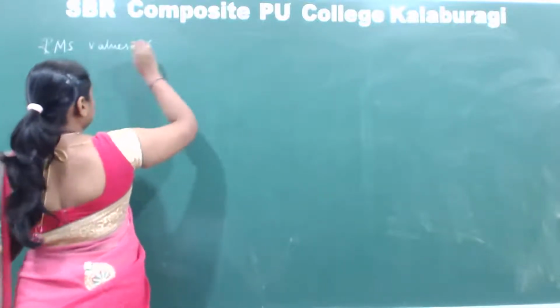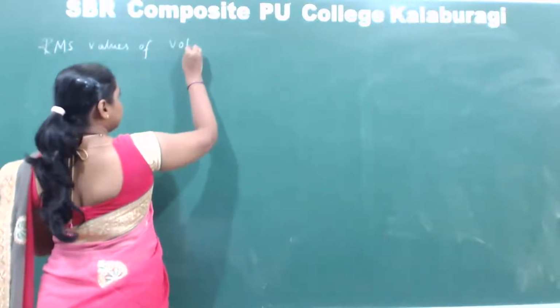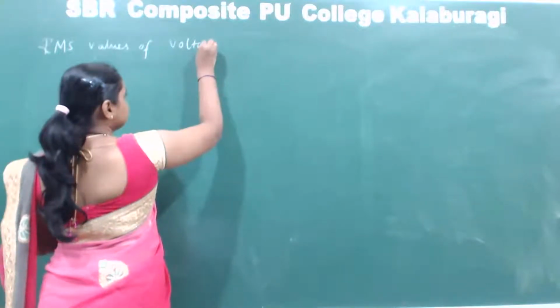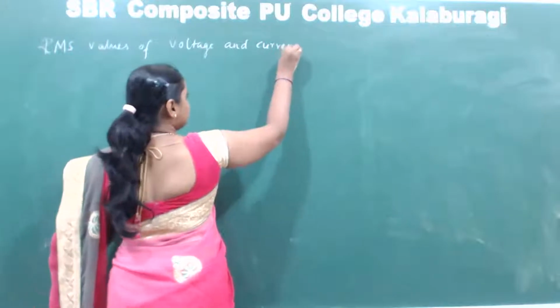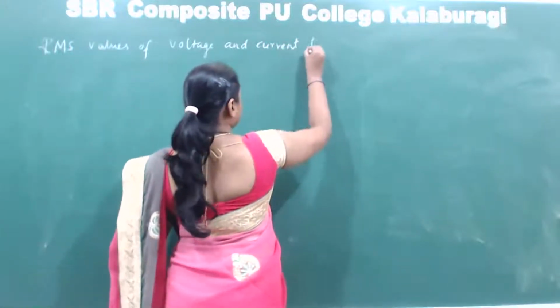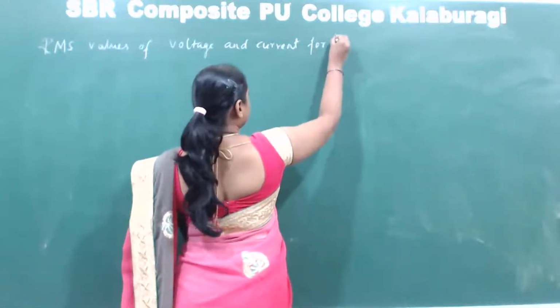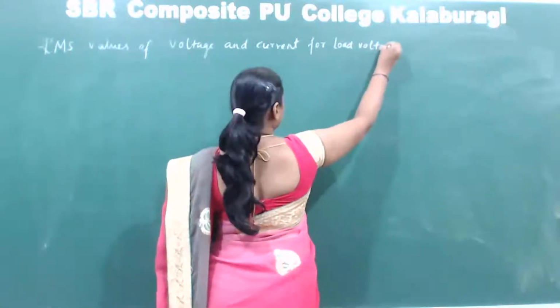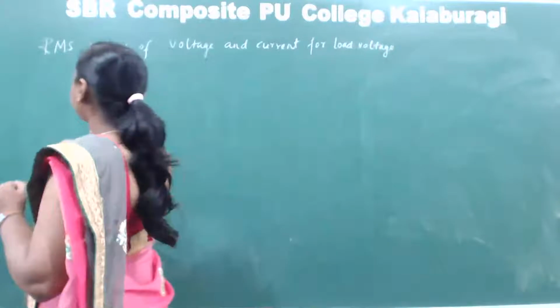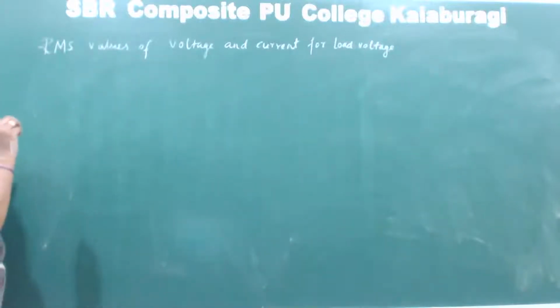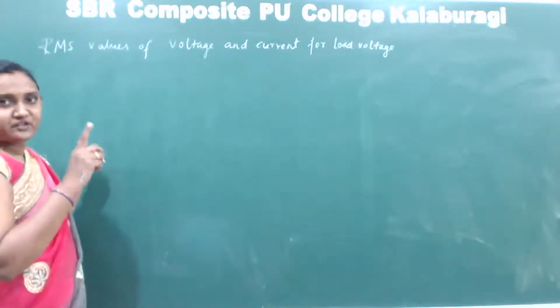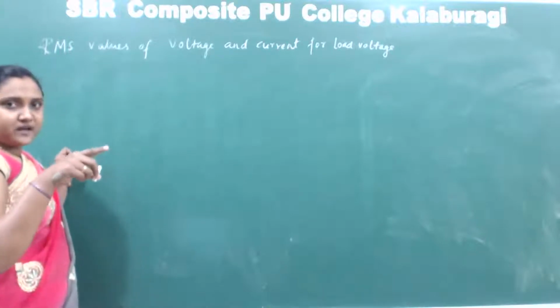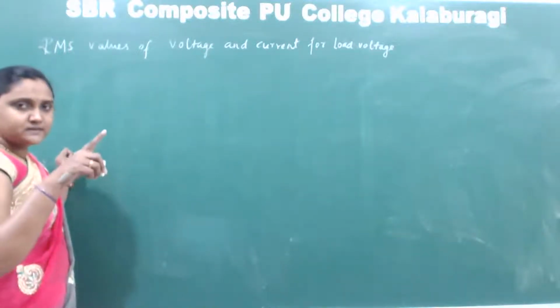So the RMS values of the voltage and current for the load voltage, that is the output VL. These RMS values and average values are for only the positive half cycles. It is not for the entire cycle.